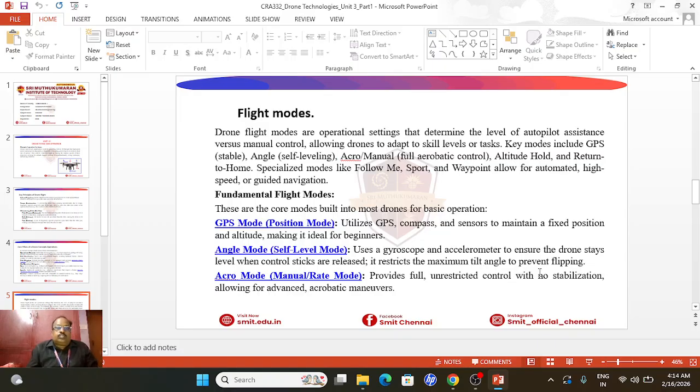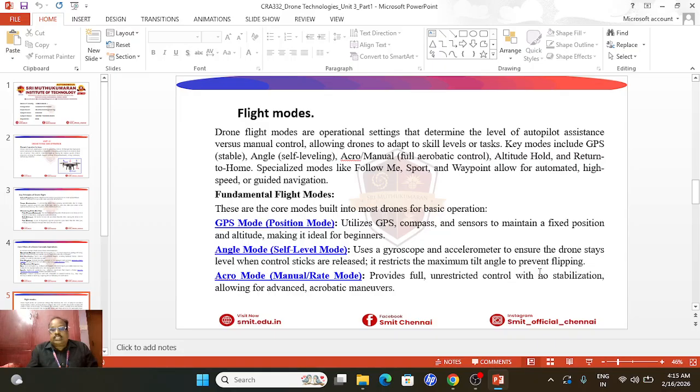One is position mode, that is GPS position. It utilizes the compass and a sensor to maintain a fixed position as well as height, or altitude, making it ideal for beginners. Self-level mode is angle mode, which uses a gyroscope and accelerometer to ensure the drone stays level when control sticks are released.